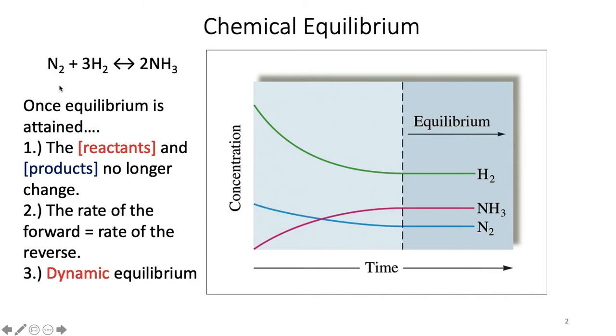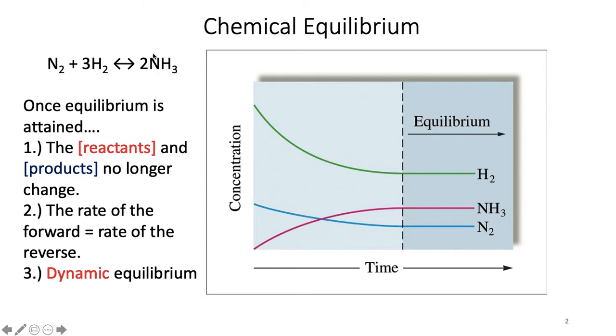I only have a certain amount of nitrogen and a certain amount of hydrogen, about 3 times as much hydrogen as nitrogen. But I have no ammonia, and therefore that concentration is 0. As time progresses, however, this reaction is going to occur. My nitrogen and hydrogen are going to react with each other to produce some ammonia. So I'm going to see an increase in my ammonia concentration and a decrease in my hydrogen and nitrogen concentrations.